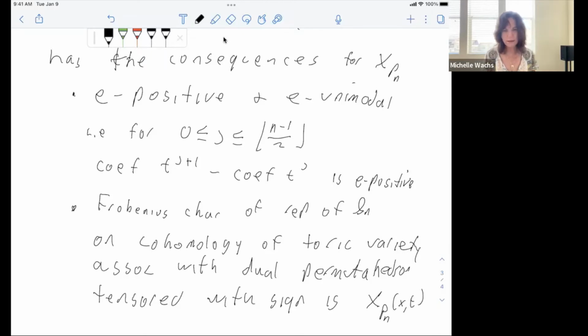So this representation is graded, and the Frobenius characteristic of it is the chromatic quasi-symmetric function of the path.